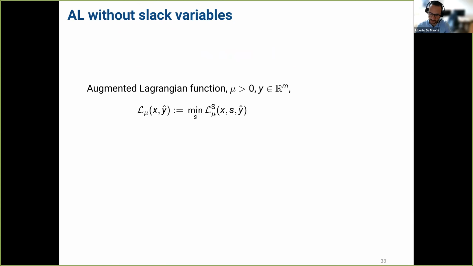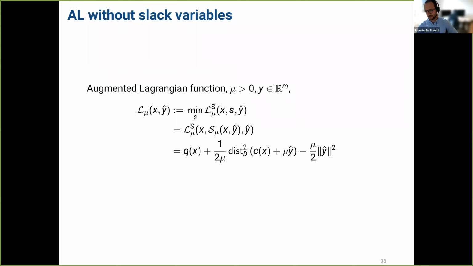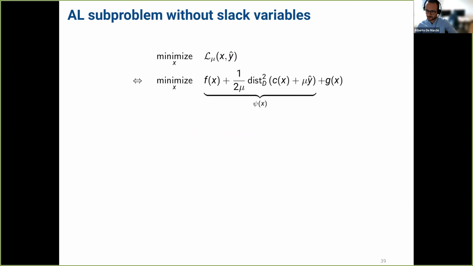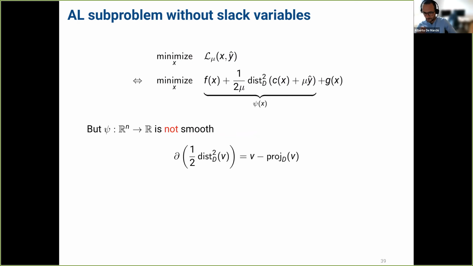Okay, so we want to minimize the augmented Lagrangian without slack variables, let's say. And so we define the proximal augmented Lagrangian using this mapping s. What we obtain is we get rid of s and we obtain the distance function here. Okay, and if we try to minimize this, we have a problem, because this psi function is not smooth.